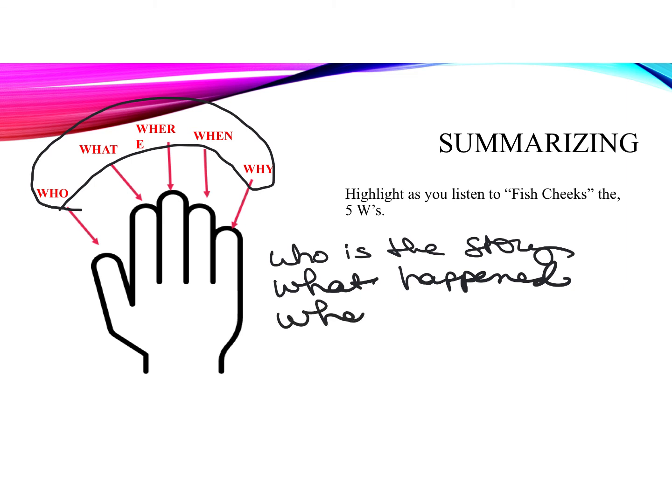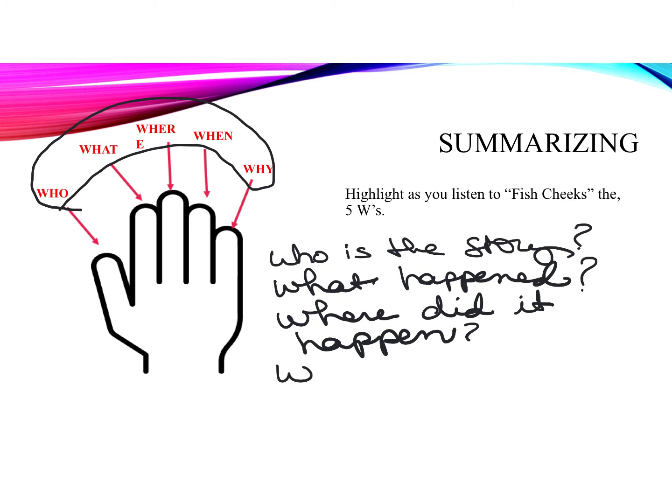Where did it happen? And for this one, you don't need to go into a lot of detail. The hospital, the gas station, the delivery room. I mean, going into too much detail defeats the purpose of summary. When did it happen?